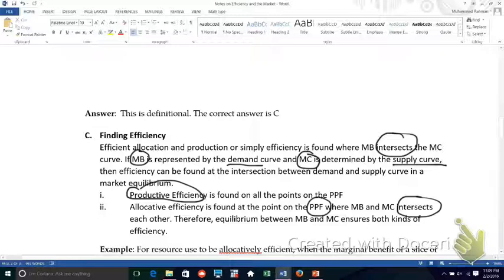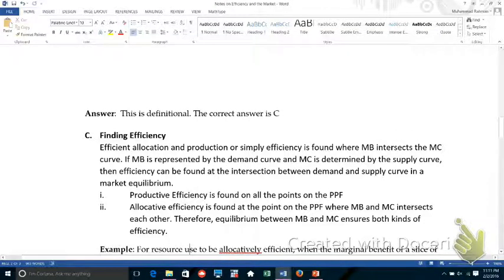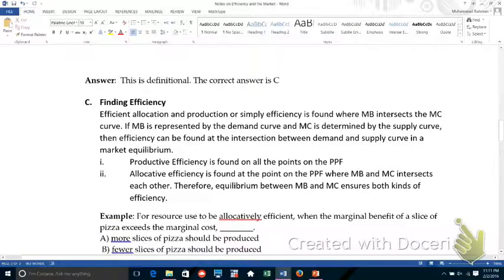We are now going to look at some examples that will give us a better idea about how this economic efficiency is derived. Before we look at the question, let us try to understand that in the context of our model.